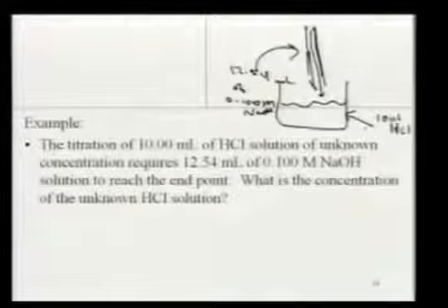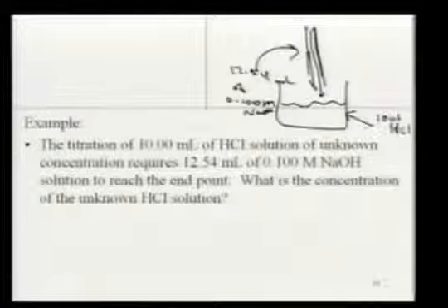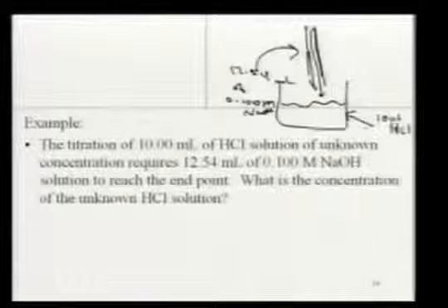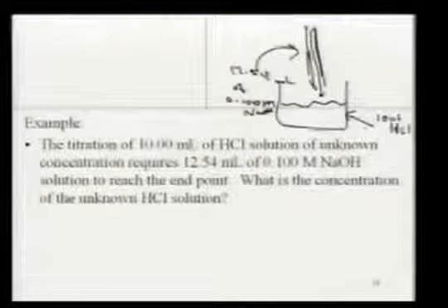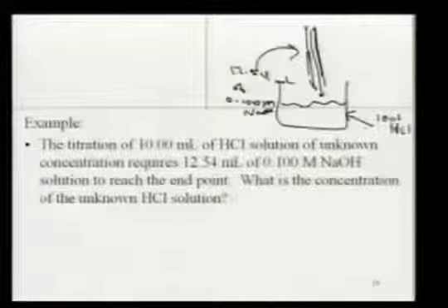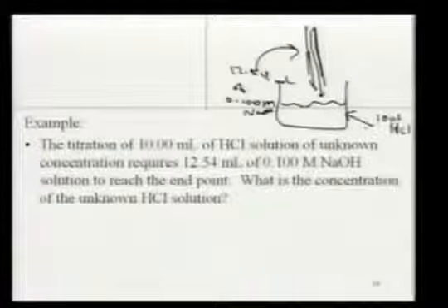All right. How are we going to start this? Before we do anything, what we need to know is the chemical equation that's going to happen first. We need to know what our reaction is. When we mix together hydrochloric acid and sodium hydroxide, what is going to be our chemical equation? Now this one's an easy one.